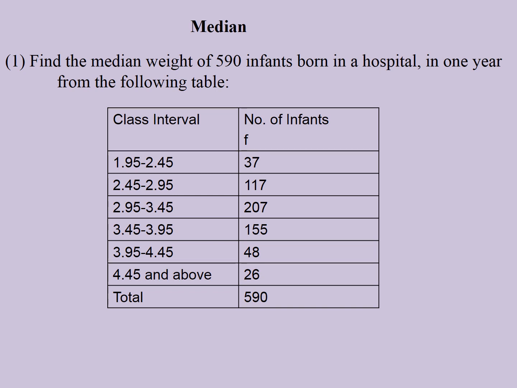In front of that is the number of infants having weight in that class interval. For the first class interval, 1.95 to 2.45 kgs, there are 37 infants, and so on, and the total number of infants in the second column is 590. So let's see how to calculate the median weight.